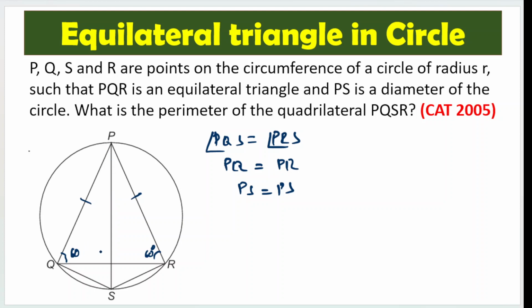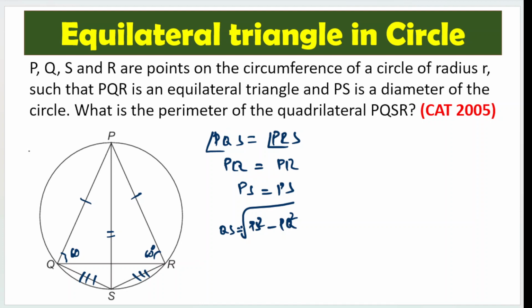So two sides equal, one angle equal, and also because this is a right angle triangle, this side should also be equal to this side. Why? Because hypotenuse PS square minus PQ square is equal to QS square. So this side is also equal to this side.